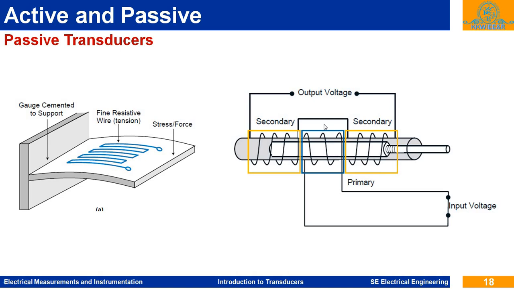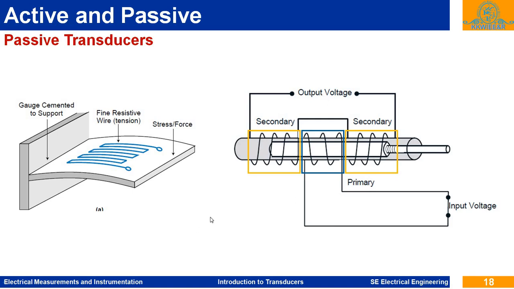the magnetic flux linkages with these windings will change. Accordingly, with the change in the magnetic flux, the output voltage is generated, and this output voltage is converted in terms of displacement. Whether there is an outward movement or an inward movement, based on that, the plus or minus voltage is generated.